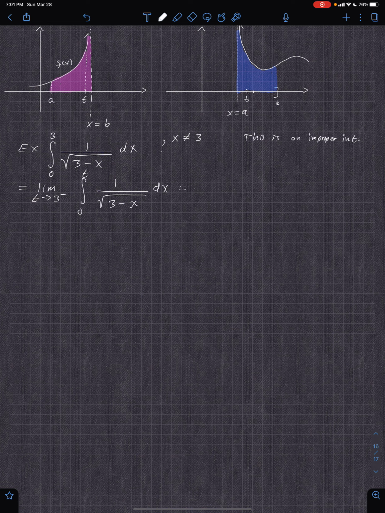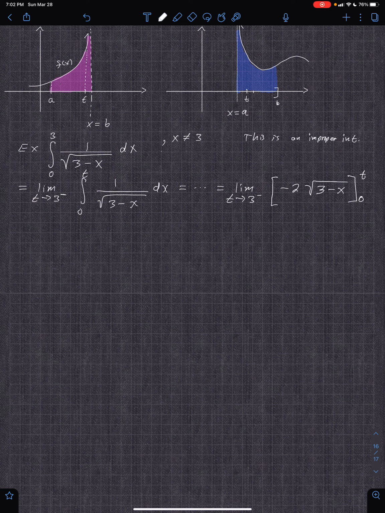And so I'm going to speed this up. Do the integral, and you'll get the limit as t approaches 3 on the left, and then it ends up being negative 2 square root of 3 minus x from 0 to t. So make your substitution. It's really not that bad. Just make u to be 3 minus x. You get a du.